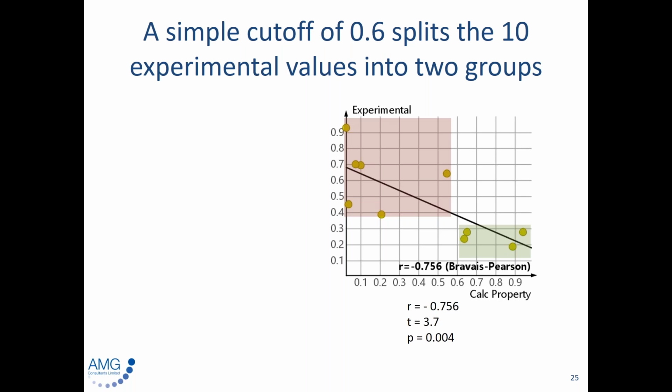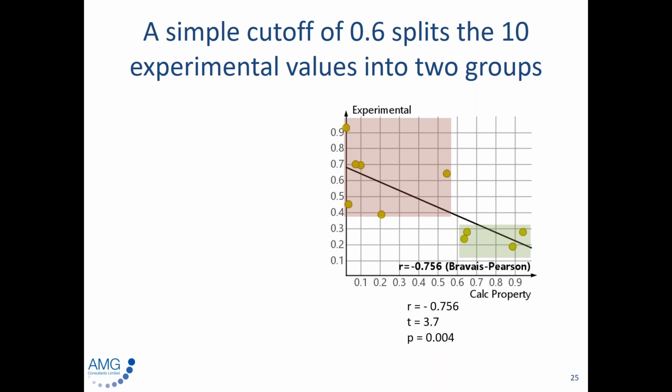And also, in the way that you like to think about using these kinds of things, if you have a cutoff of 0.6 in this calculated property, you can see that it splits the 10 experimental values into 2 groups quite nicely, those with low experimental values and those with high experimental values. So that all looks nice. And looking at the statistics, you can calculate the p-value, and it comes out less than 1%. So that looks like this is a nice model.